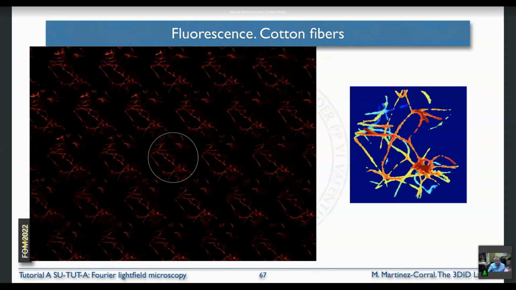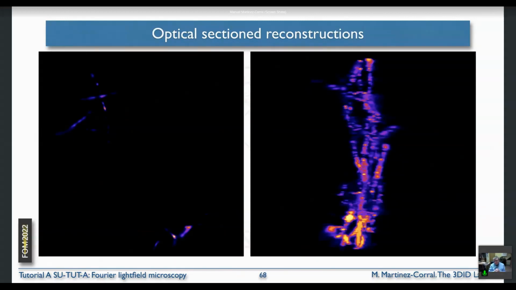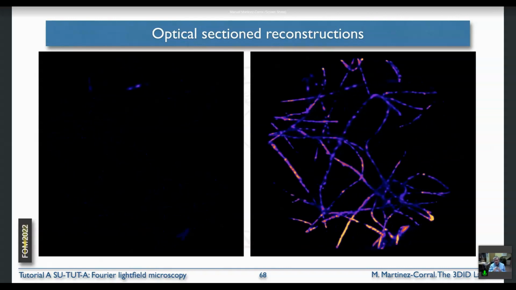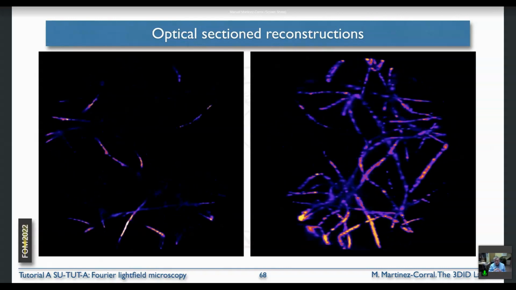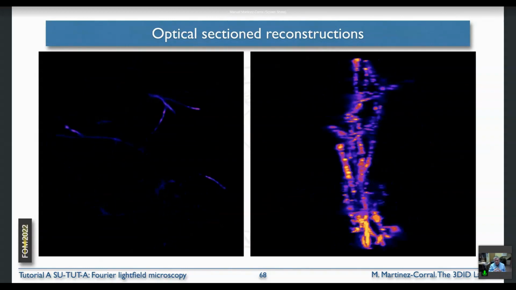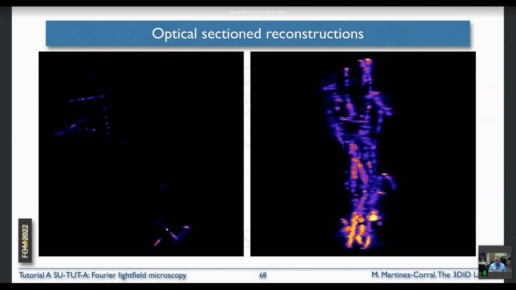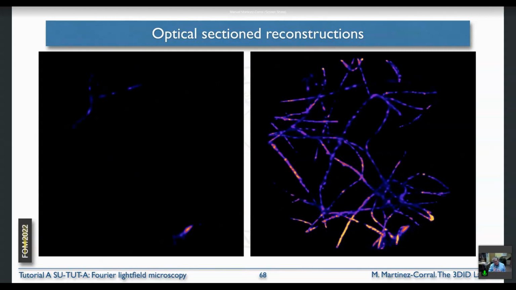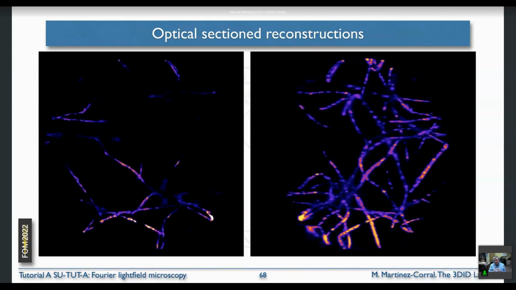Fluorescence. I haven't shown you more algorithms, shift and sum, shift and multiply.